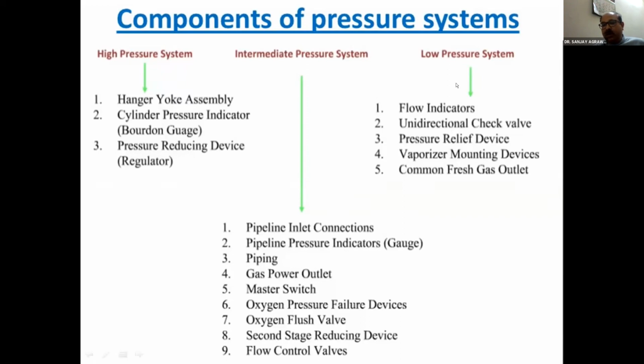While the low pressure system consists of flow indicators, unidirectional check valves, pressure relief devices, vaporizers, the vaporizer mounting devices, and a common gas outlet. So these are the components of the different systems.